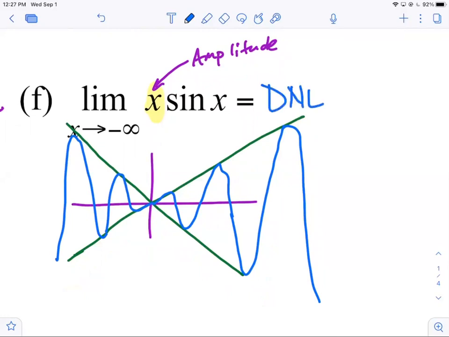Yeah, it doesn't exist. Not because it's infinity, not because it's negative infinity. It's kind of like oscillation between two fixed values, except this one gets even worse.